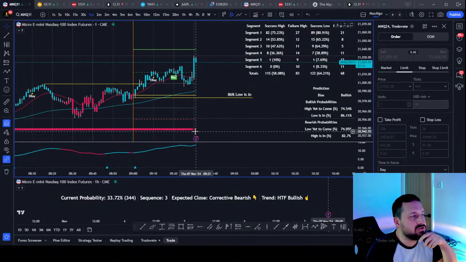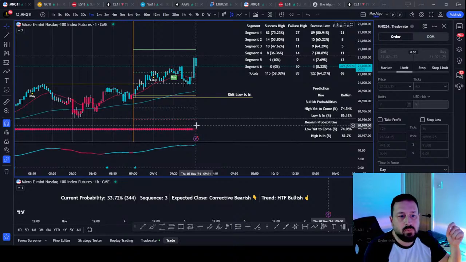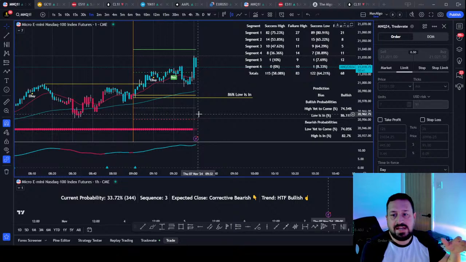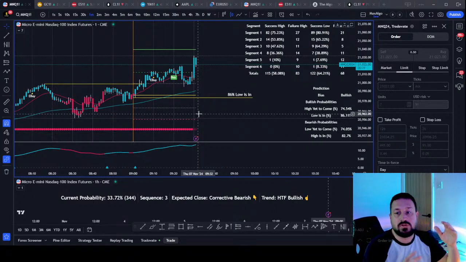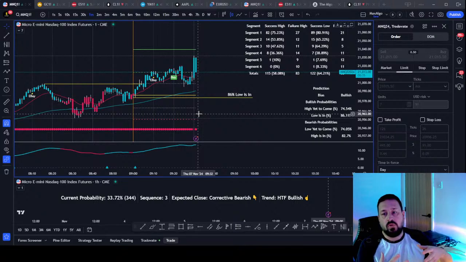Now we start seeing that trend weaken. Remember, we got a sequence 1 on the daily. When we looked at the daily levels, we looked obviously on the full day. We're currently on a sequence 1. We've gone through 4.